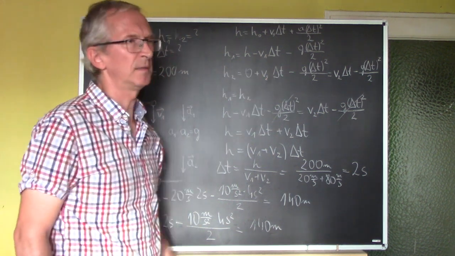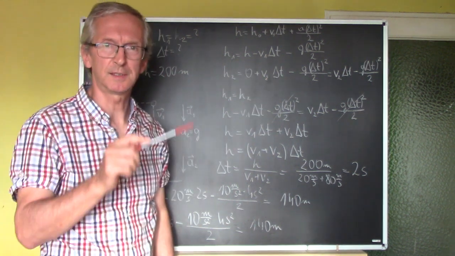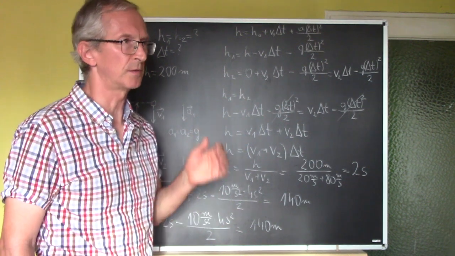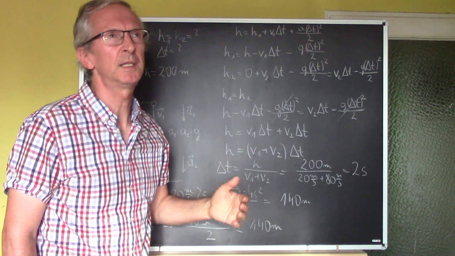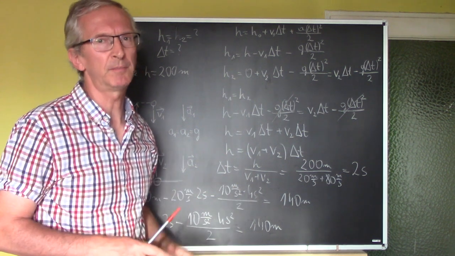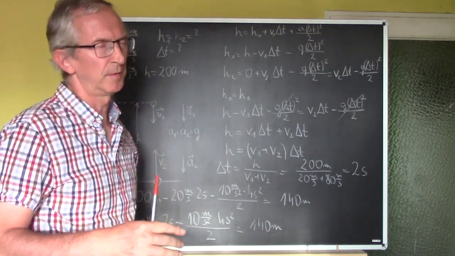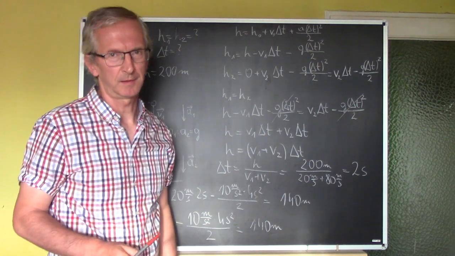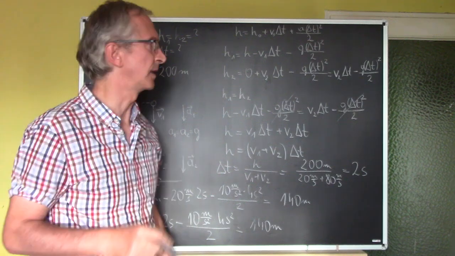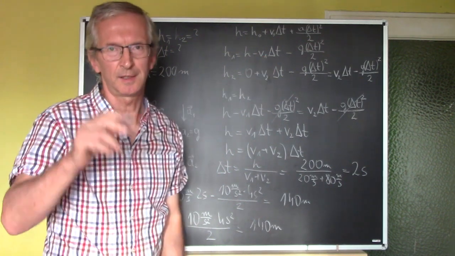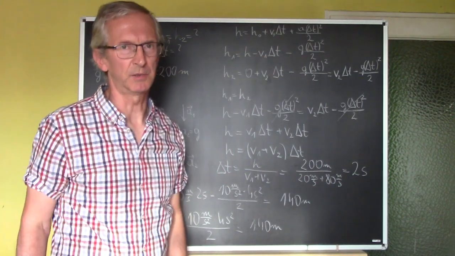We can also write t here. It is often used in this place. We can replace delta t by t if both bodies begin to move in the same moment, and it will be equally good.